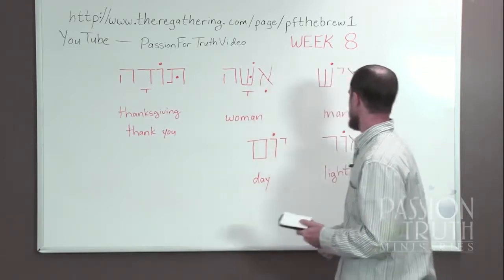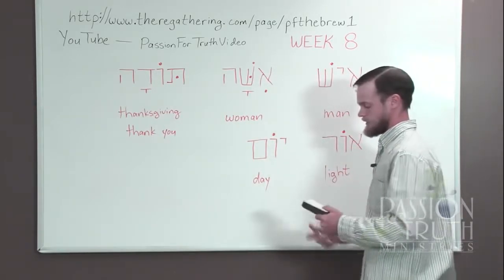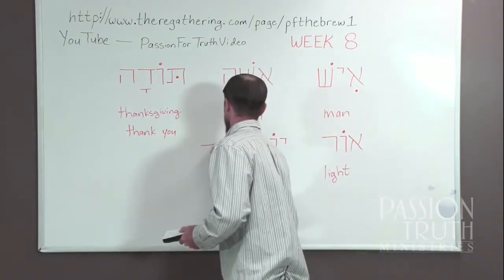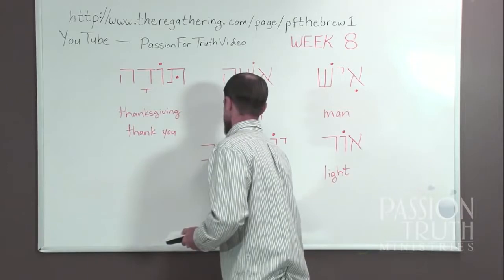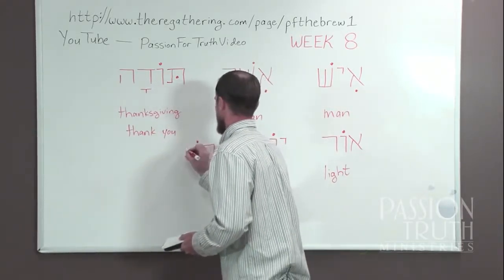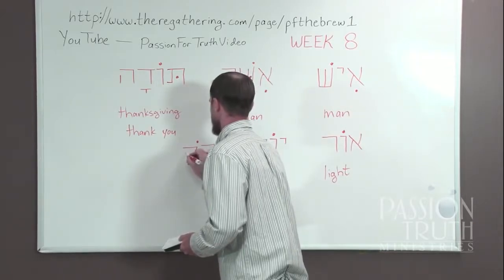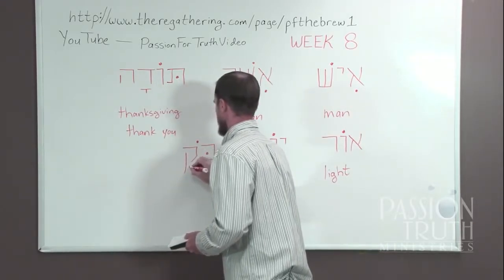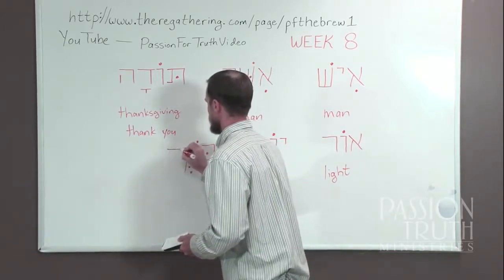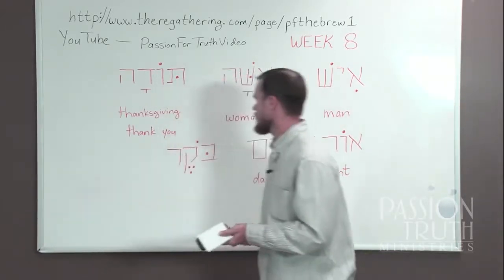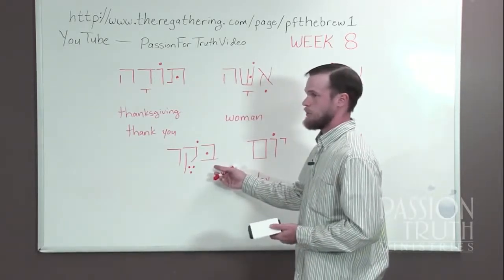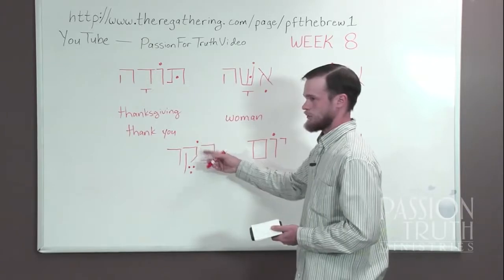Okay. So we've got or, which is light, and yom, which is day. Another light-themed word is bet, cholam vowel, kuf, with a segol, and then resh. So bet is ba, cholam is o, so we've got bo.